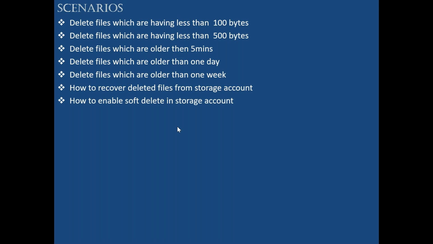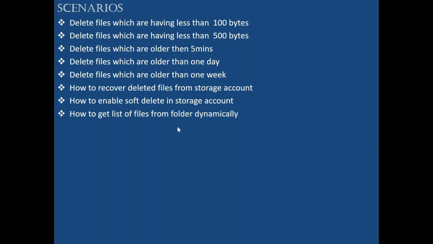The admin team may keep that as 60 days or 30 days. For example, in my current project, in my storage, the soft delete time is set to 60 days. Even if somebody deleted a file, they can recover it within the next 60 days. After 60 days it will be deleted permanently, and you can't recover it. Remember that.